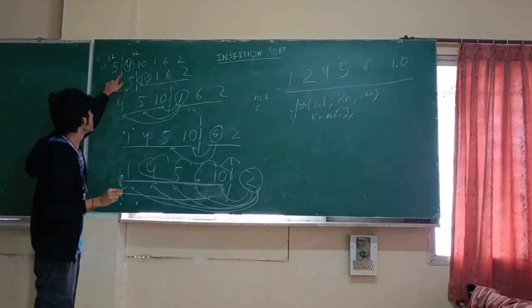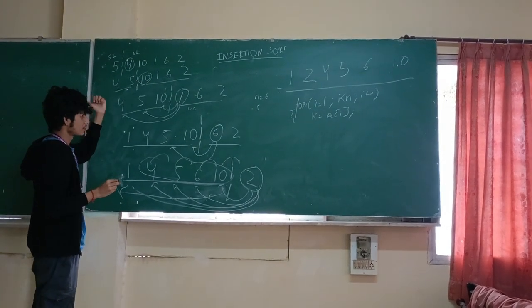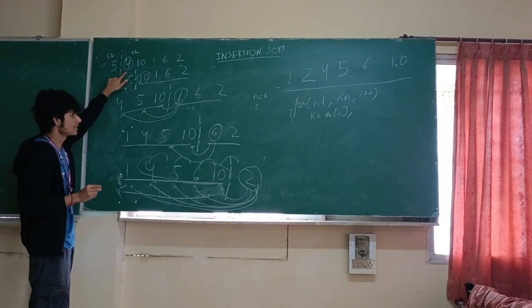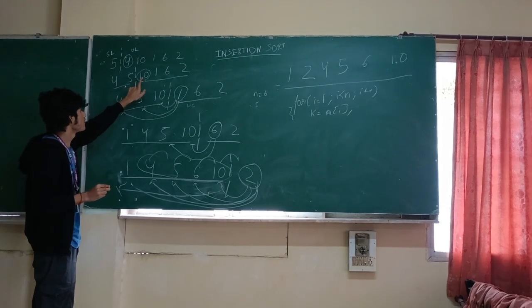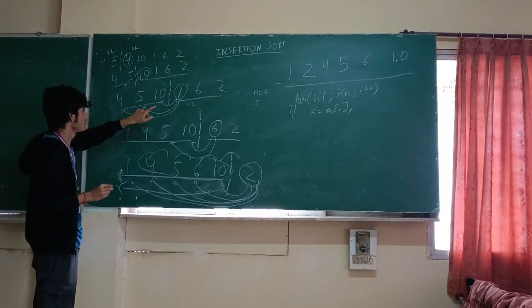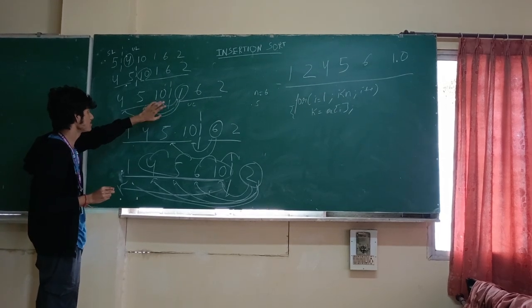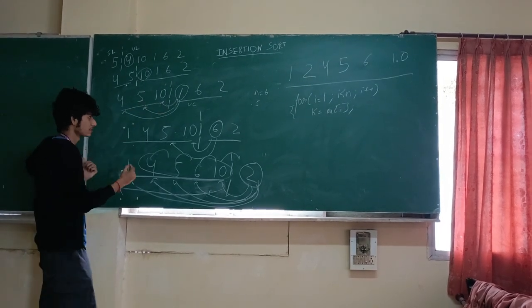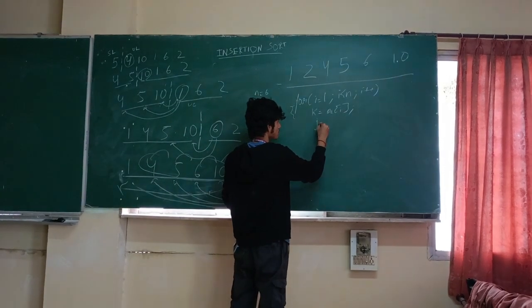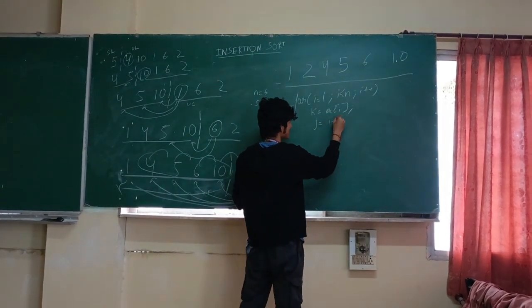Okay. Then we are comparing from this side. So if we take 4, that is the first index, we are comparing with 0. If we take the second index, we are comparing with 1 and 0. If we take the third index, we are comparing with all the previous indexes backward. So we will take an integer j that contains i minus 1.